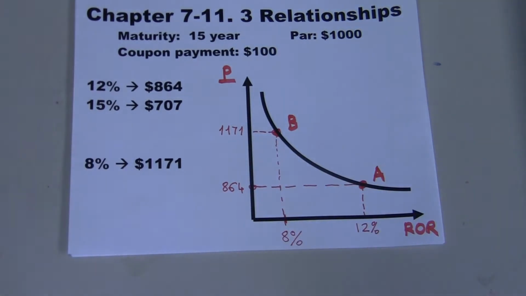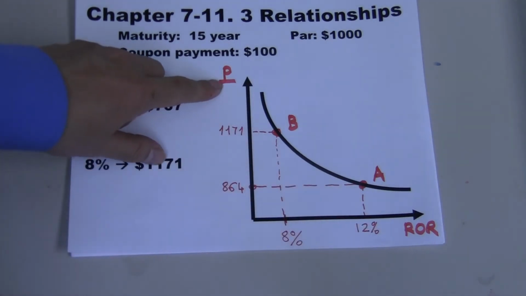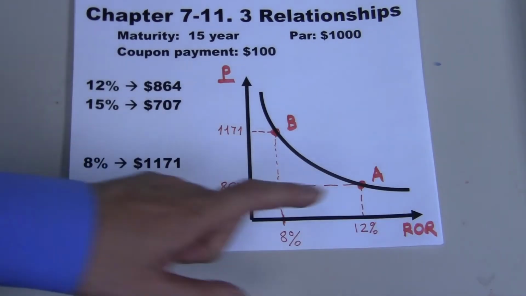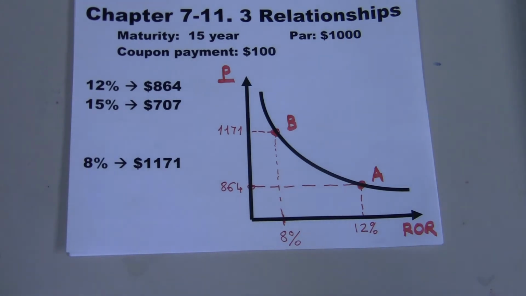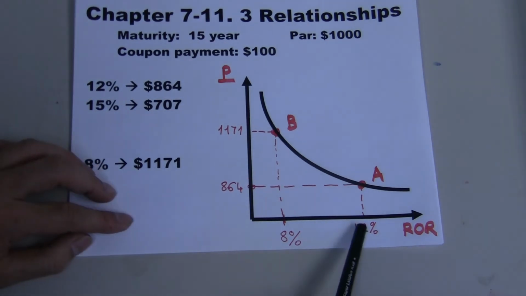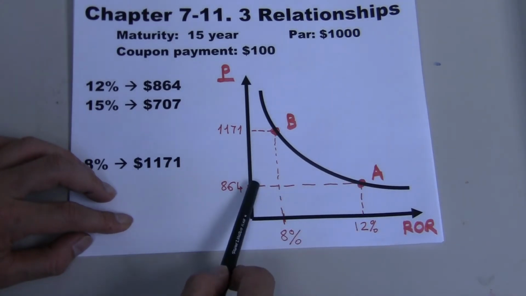So look at that point A and point B. You can draw your own conclusion about the relation between price of the bond and required rate of return, and you can see it very clear. The higher the required rate of return, the lower the price of the bond.